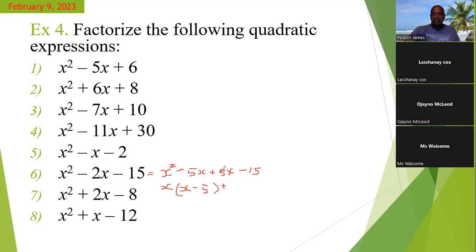Keep our sign here. What is common here? Positive 3. 3 into 3x gives you x. 3 into negative 15 gives you negative 5. So we have x minus 5 times x plus 3.